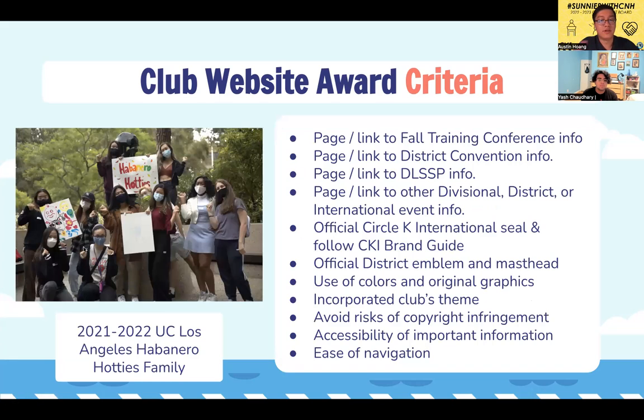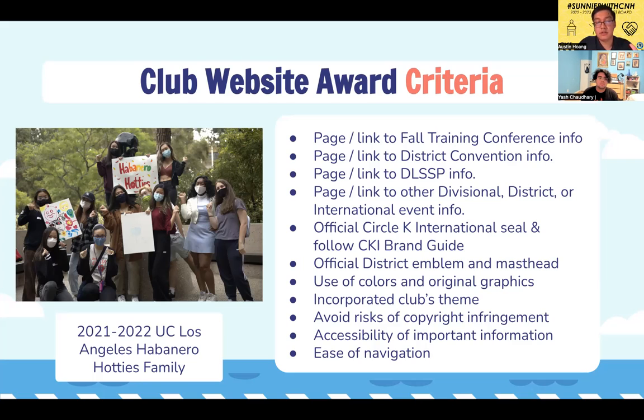Also, here are some more things on the club website award that will be looked at. So do you have relevant link information to various district events such as FTC, DCON, District Large Scale Service Project, and any other divisional, district, or national event you would like to promote.